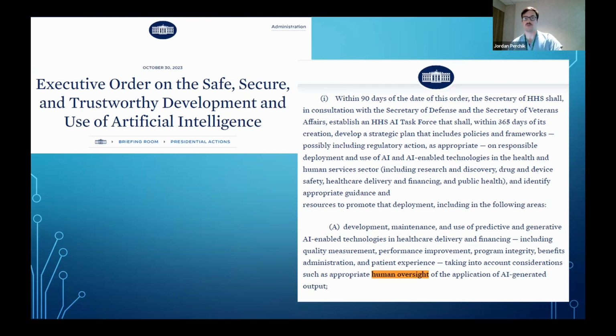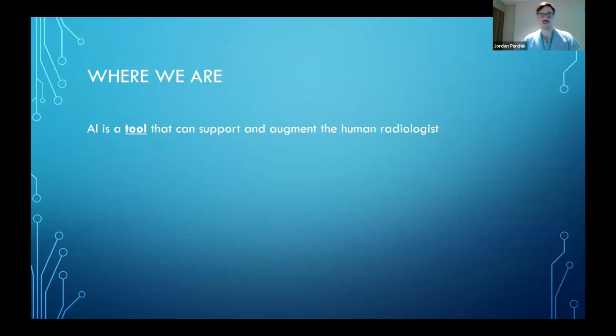There's been a similar law passed in the last year in the European Union that has similar language requiring human oversight for AI in healthcare. So there is a recognition at the government and regulation level that human oversight is important, and that we as human radiologists are needed to serve as the gatekeeper in the final read for these high stakes exams.